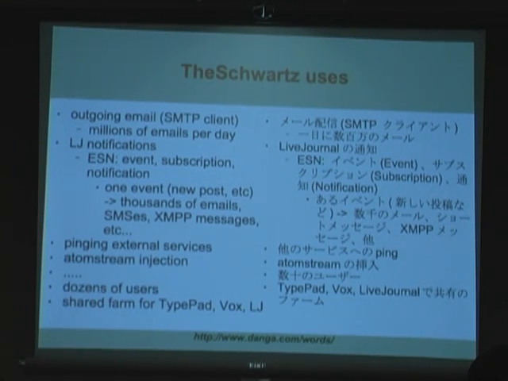Then our LJ notifications: everything on LJ that happens fires an event, and users can subscribe to any events or wildcards of events. And then people can choose on a subscription how they get notified, where a notification is an email, an SMS, a Jabber alert, a web inbox alert. So basically, one event can be matched by hundreds of thousands of subscriptions, which can then multiply into hundreds of thousands of SMSs, XMPP messages, etc. So of course, we're not going to do that synchronously with a web request.